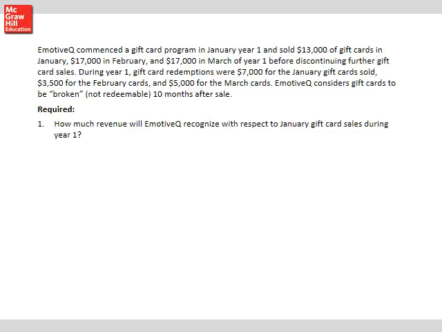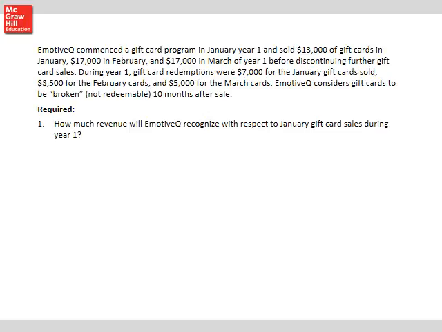All right, so the first thing we have to do is determine how much revenue Emotive Q will recognize with respect to the January gift cards during the year. This is a little bit of a tricky question. They sold $13,000 worth of gift cards in January, and they ended up with 7,000 in redemptions. But remember, they consider them broken 10 months after the sale.